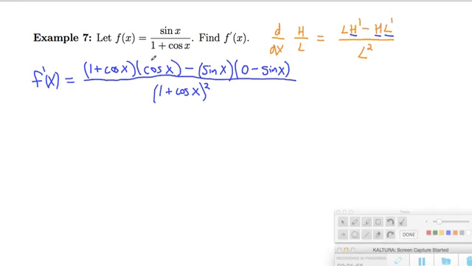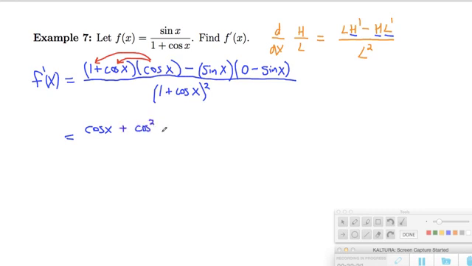So if you're thinking to simplify this, the cosine does need to distribute. So what we get here is a cosine of x times 1, which is just cosine of x. Then we've got a plus cosine times cosine. That's cosine squared of x.